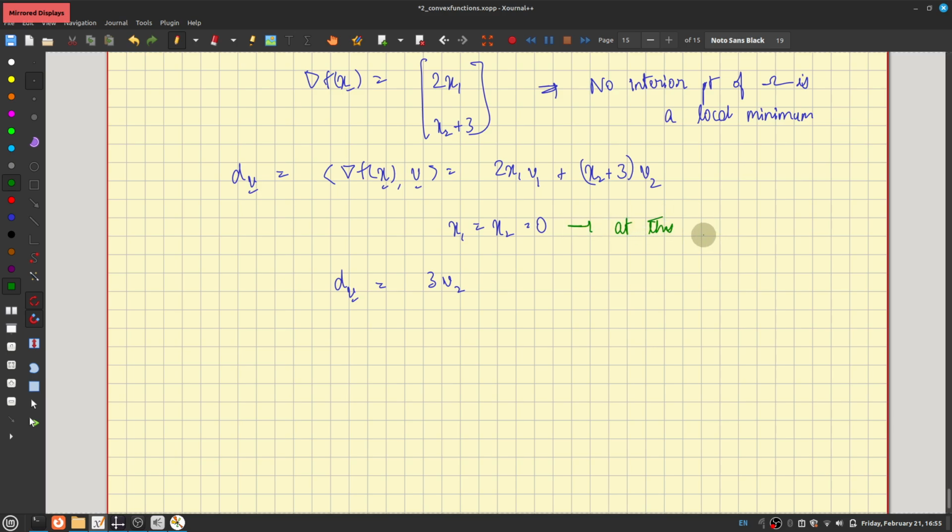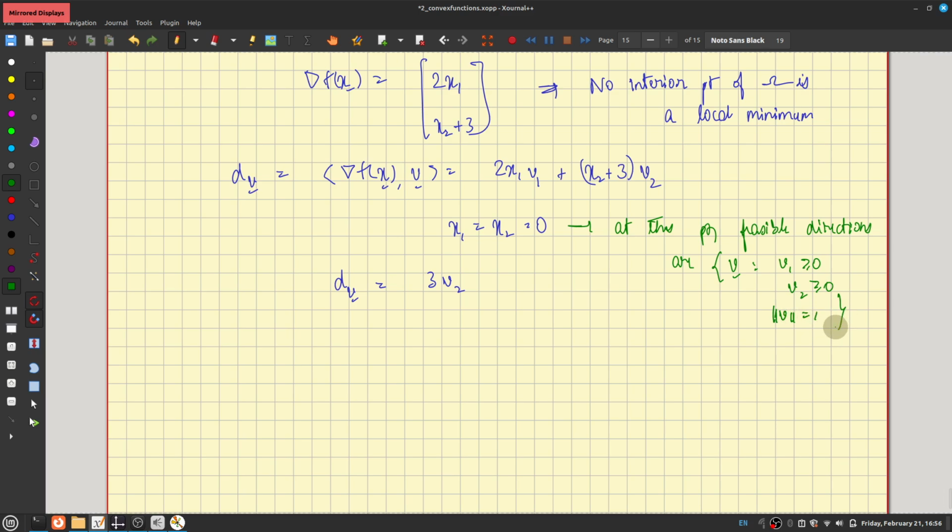So at this point, the feasible directions are the set of all v such that v1 is greater than or equal to 0, v2 should also be greater than or equal to 0. Only then is it a feasible direction, right? And norm v should be equal to 1. But v2 greater than or equal to 0 implies that dv is greater than or equal to 0.